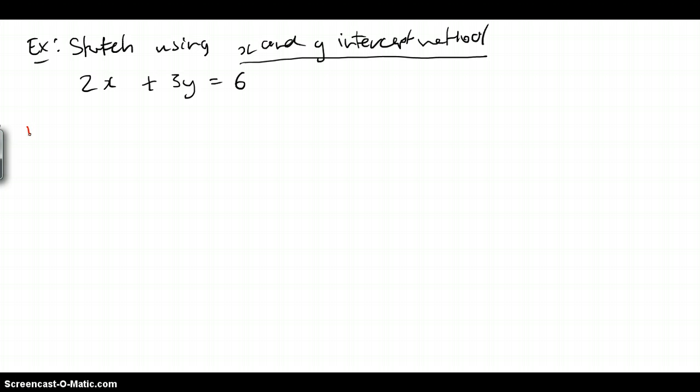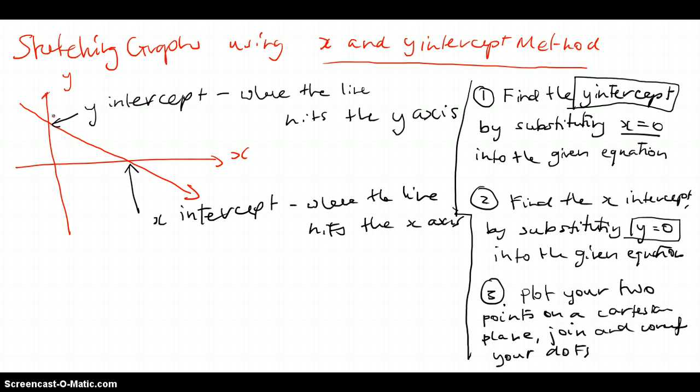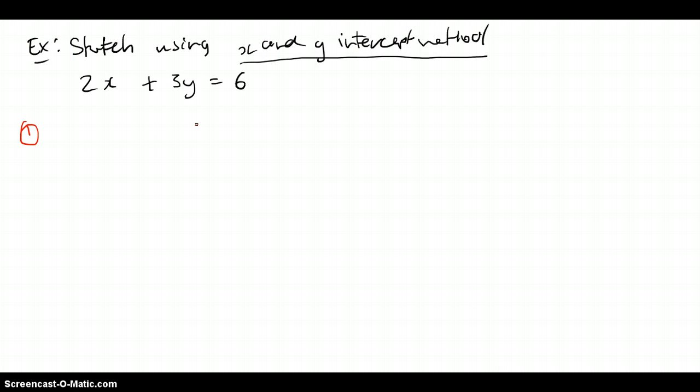What was our step 1? Our step 1 was to find the y-intercept, and to find the y-intercept, we substitute x equals 0 into the equation.